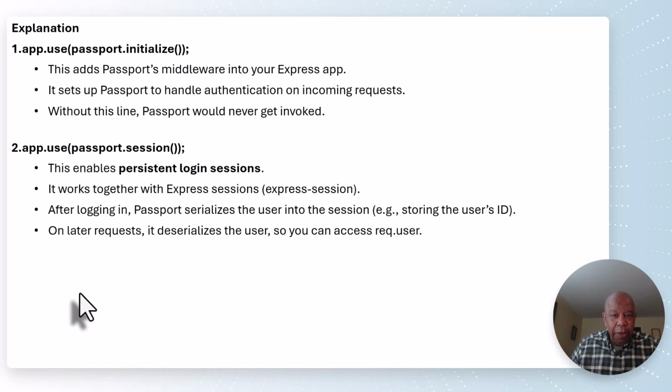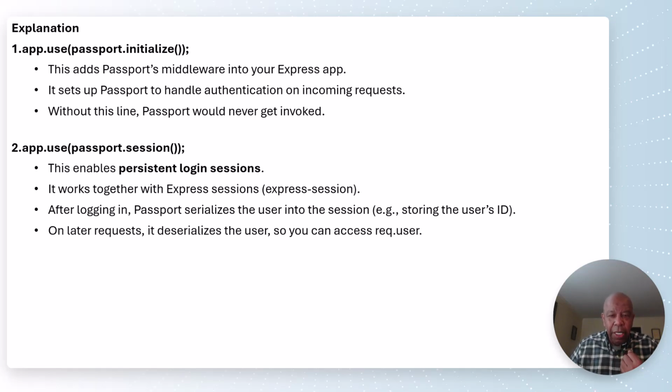With the app.use on Passport for initialization, this adds Passport middleware to your app and sets up Passport to handle authentication on incoming requests. Without this line, Passport would never be invoked. App.use with the Passport session enables persistent login sessions and works together with Express sessions.